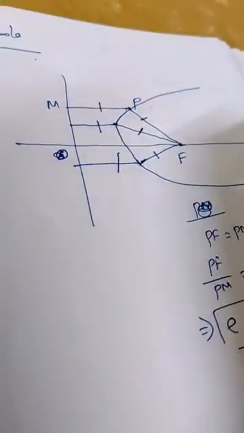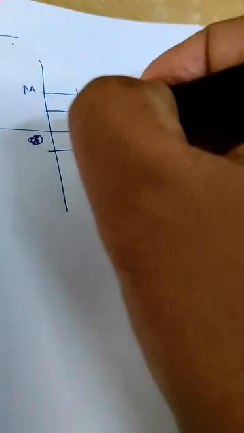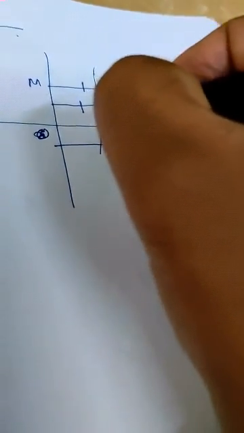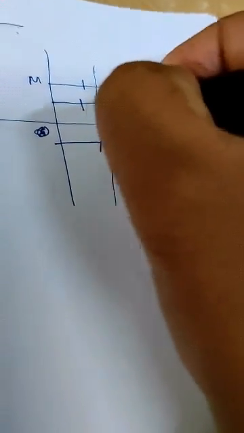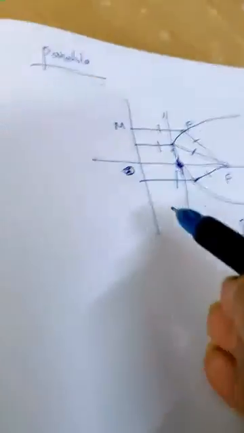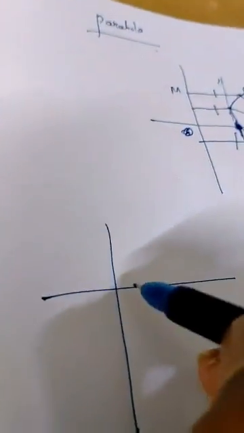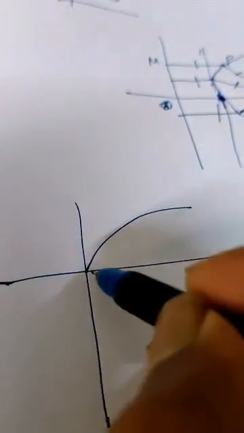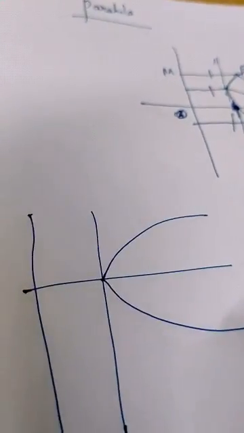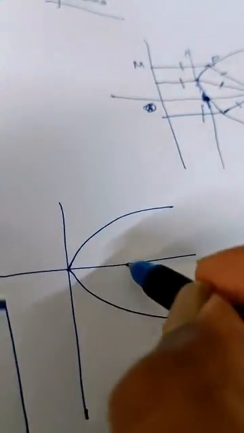Now, this one is the x-axis. Let me draw it again. Actually, this is the fixed point, this is the fixed line, and this is your fixed point.